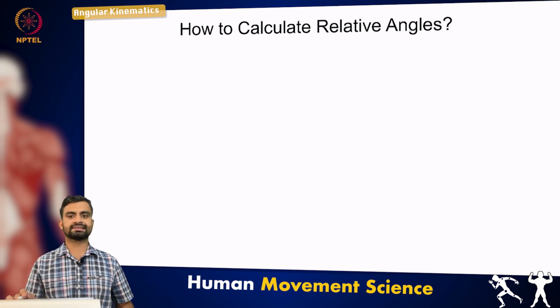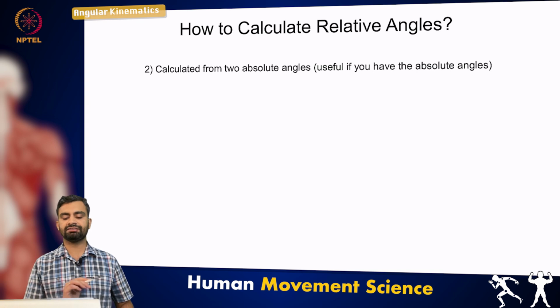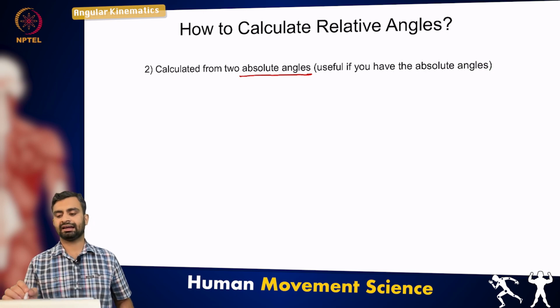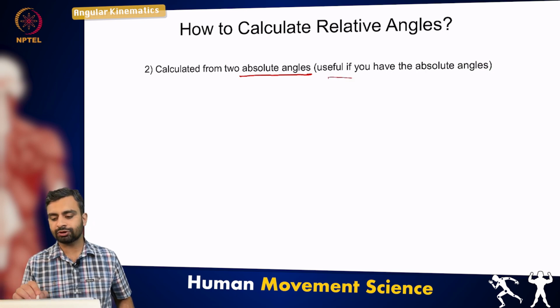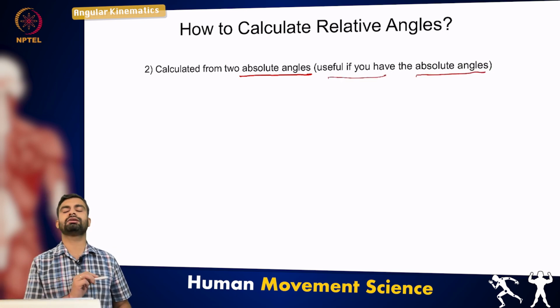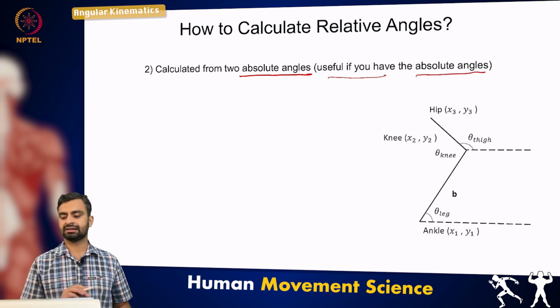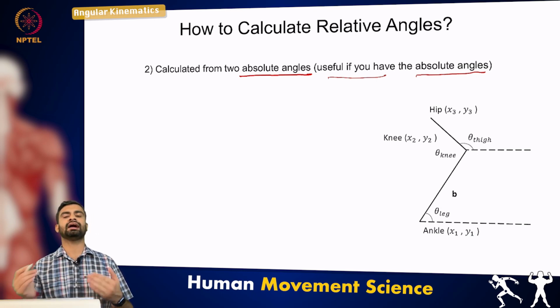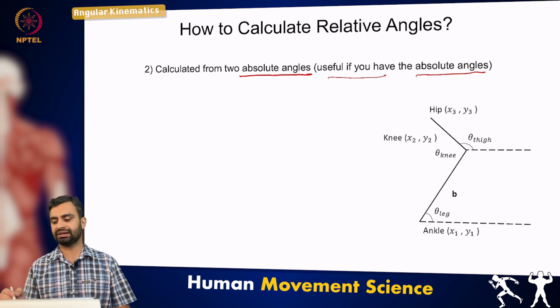Now look at the second method to calculate the relative angle, and that is also when you find two absolute angles. This process is useful when you can calculate absolute angles easily. So let's take the same example, but for absolute angles we need the angle between the segment and either horizontal or vertical. Here the dotted lines represent the horizontal axis.